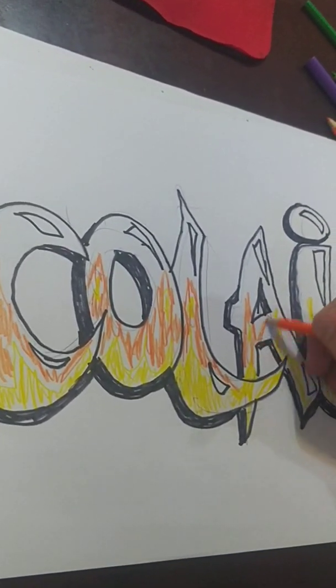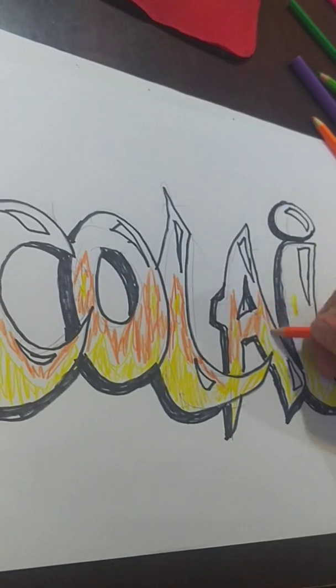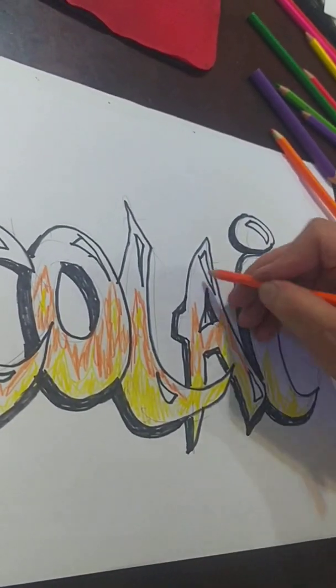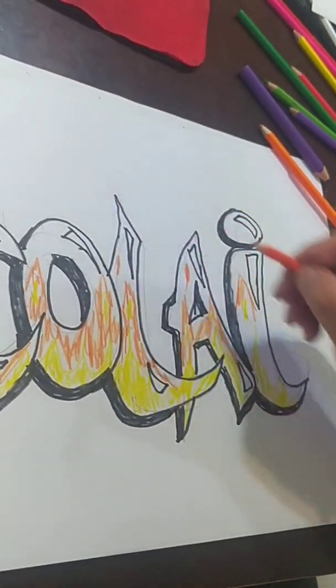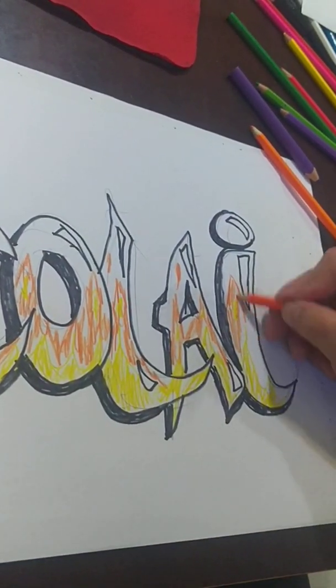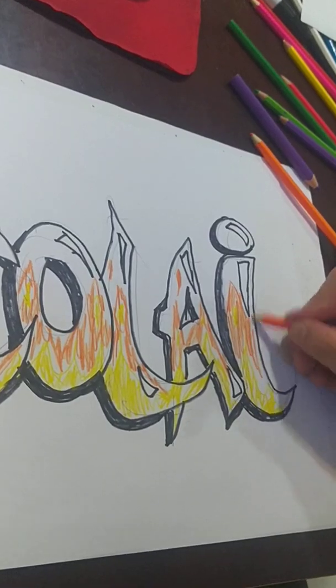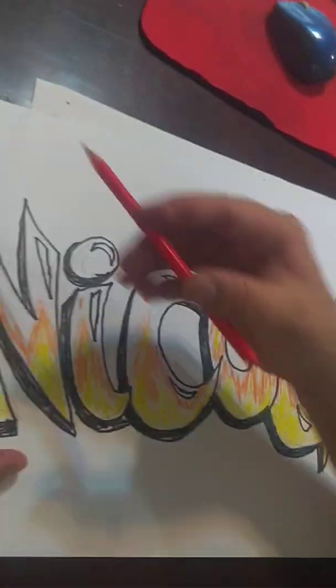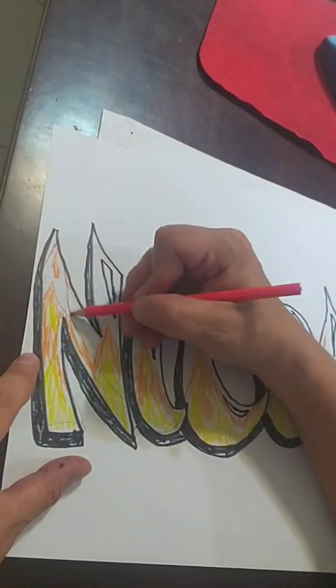And try to get away with not having to stop and sharpen my pencil. Let's see if I can make it. See, it's already starting to look good. Here we go. The last colour will be red.